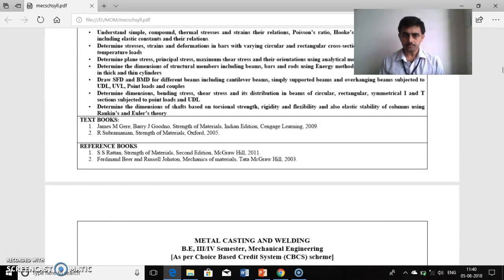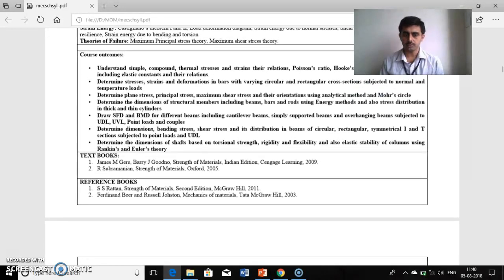And the textbooks for this: James M. Gere and Barry, Strength of Materials, Indian edition 2009 version. And the textbook Strength of Materials by R. Subramanian, S.S. Rattan, and B. Johnston.